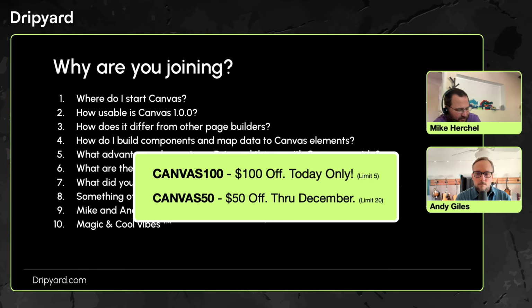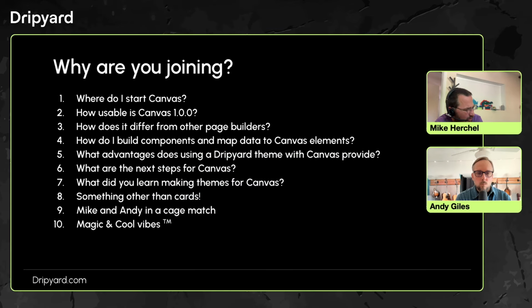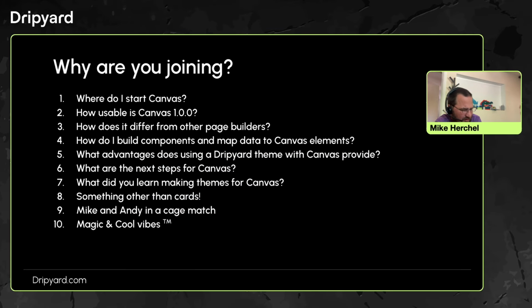So we have a whole bunch of people, like 230 plus people have registered for this. Hopefully those people have actually clicked on the calendar appointments and are joining. And in our web form, we asked, why are you joining? Just to make sure we cover most people's topics. I think a lot of people are just kind of interested in Canvas.